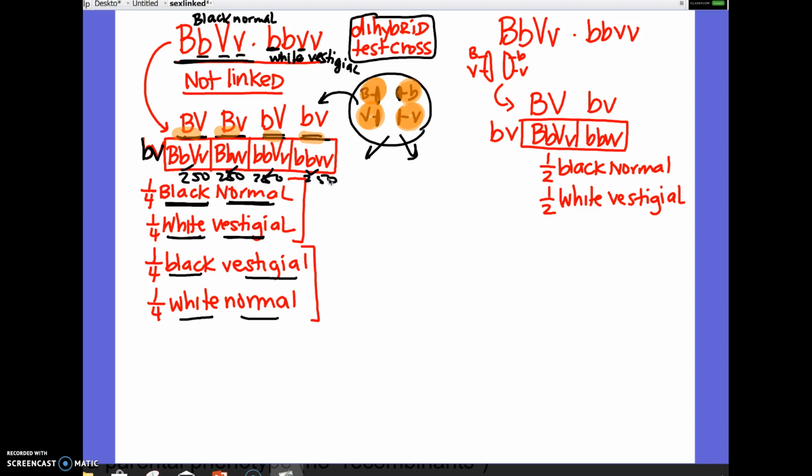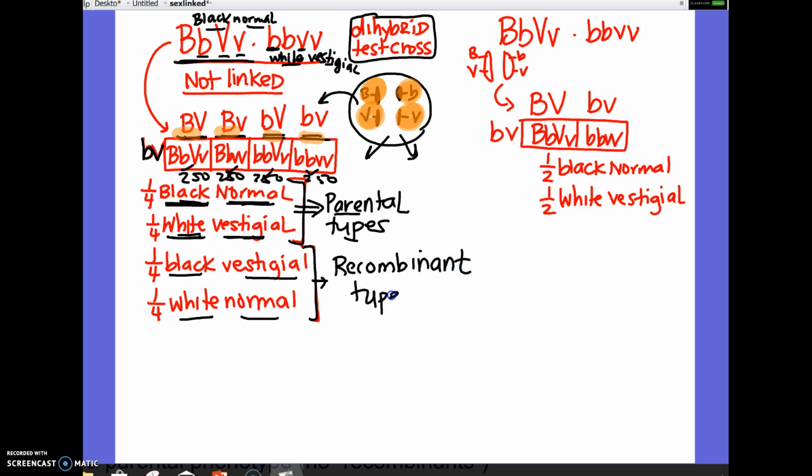On top of that, we would also expect, I've grouped these together, these two would be called parental types. And this is important. We haven't used this terminology before. They're called parental types because they look like one of the parents. Black and normal is what one of the parents looked like, and white and vestigial is what the other parent looked like. We call these two recombinant types because they don't look like either of the parents.